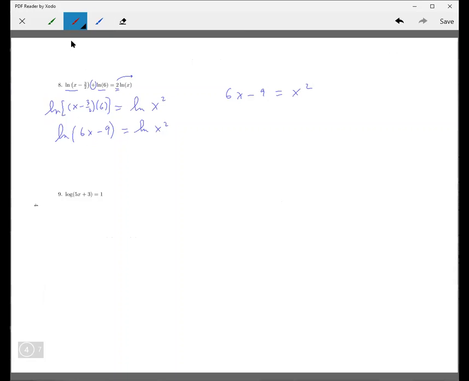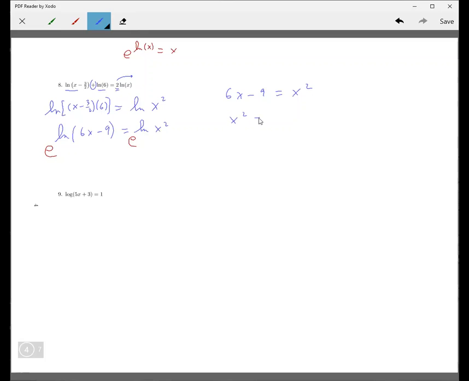Okay, so you could just do that, or you could just exponentiate both sides. The e is the inverse of that, and we know that e to the log of whatever expression you have here is just x. So e to that is just 6x minus 9, and that's just x squared. Okay, so at any rate, you end up with that.